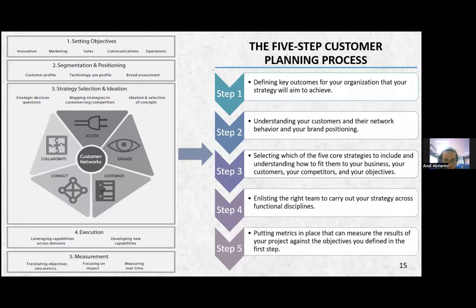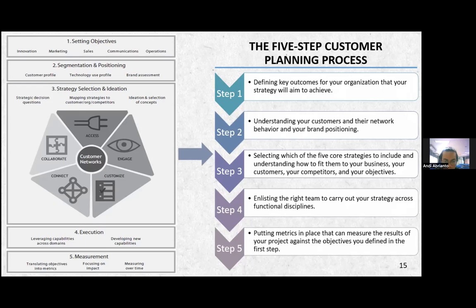This process includes step 1, setting objectives by defining key outcomes for your organization that your strategy will aim to achieve. The second step is segmentation and positioning by understanding your customers and their network behavior, as well as your brand positioning, and to provide the foundation for any new strategy.